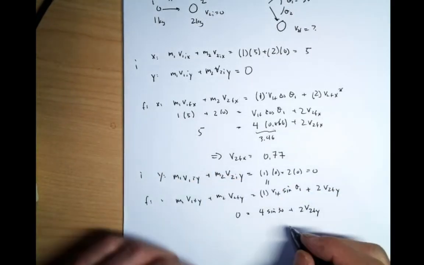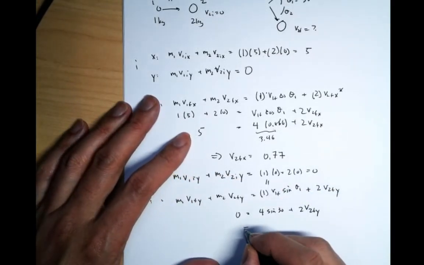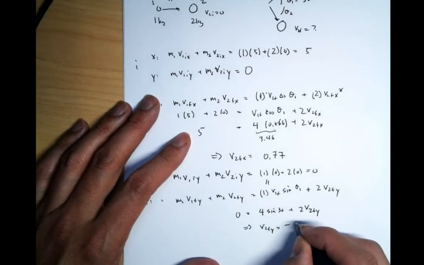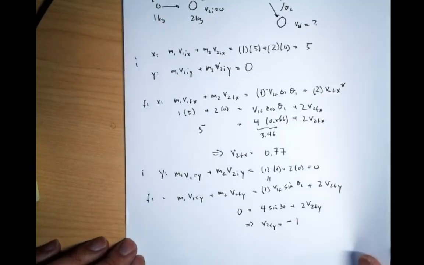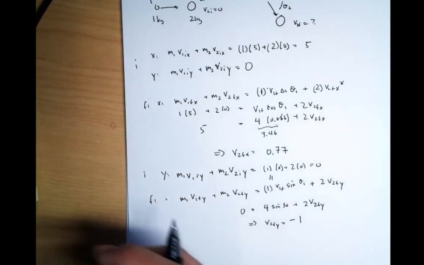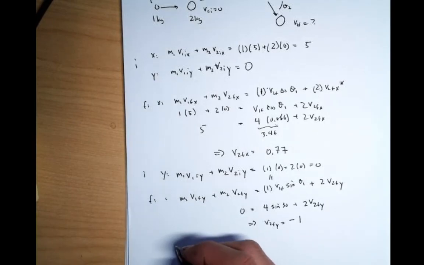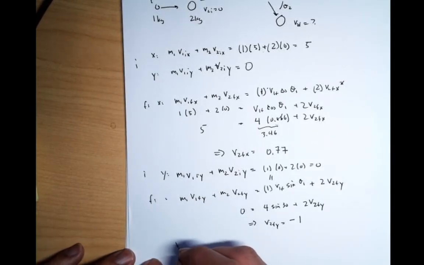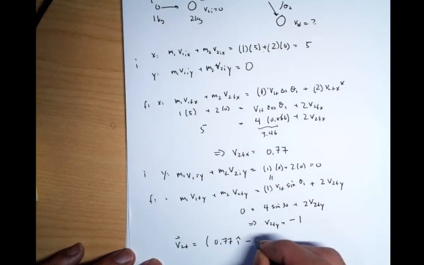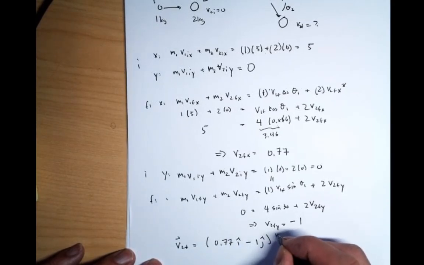So in fact, if you work this out, this implies that v2fy is equal to minus 1. Okay. And so, basically then, we're done. v2f vector is equal to 0.77 i hat minus 1 j hat meters per second.